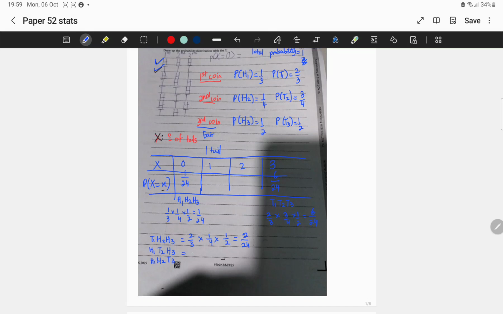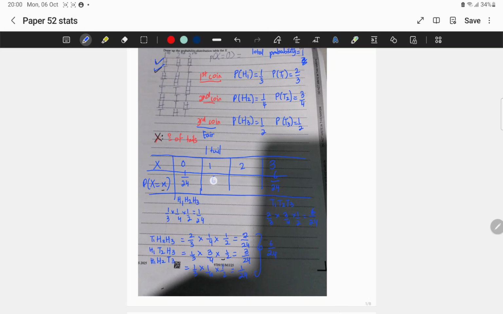The same way I calculate the second one. P of H1 is 1/3, P of T2 would be 3/4 and P of H3 is half. I get 3/24. Then for the last one, H1 1/3, H2 1/4 and then half, it becomes 1/24. Then I'm going to add all of this. 3 plus 2 is 5 and 1, 6/24.